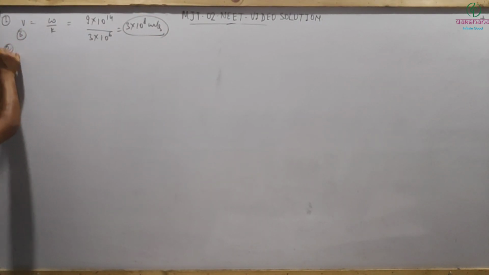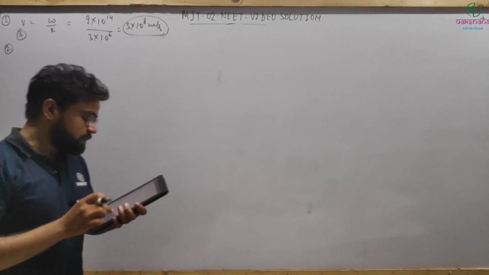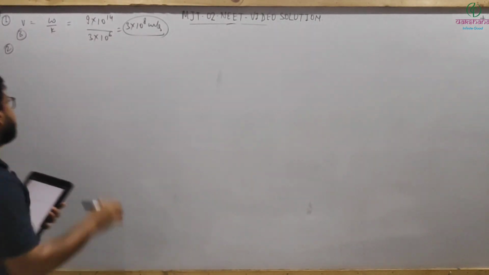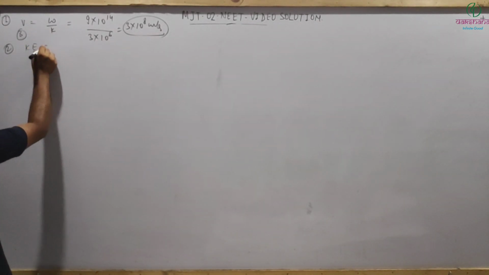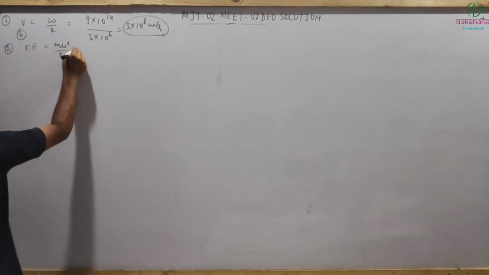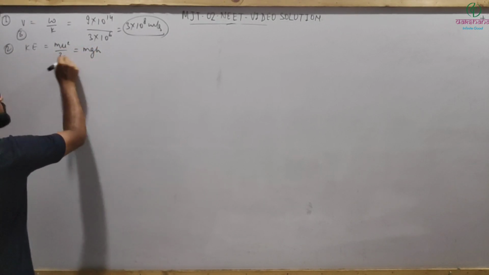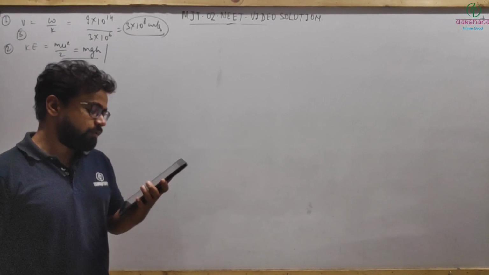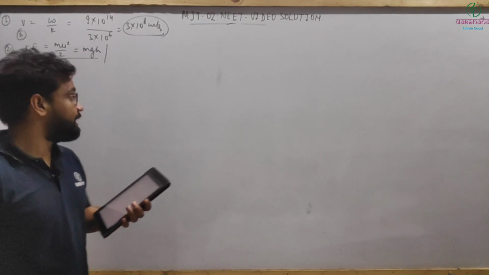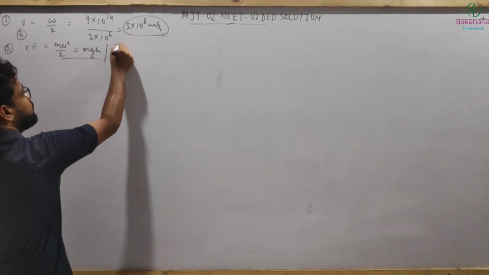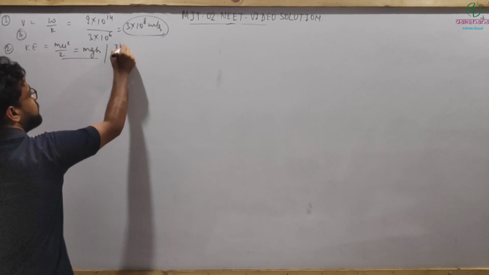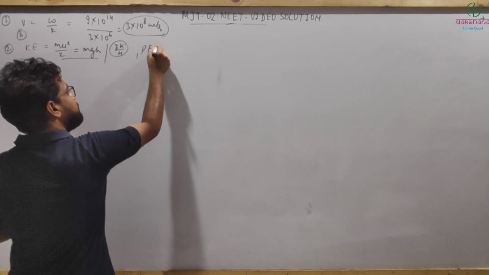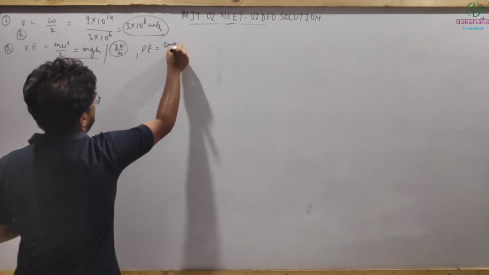Question number 2. A stone projected vertically up with speed u reaches a maximum height h, which means the total kinetic energy, mu square by 2, is equal to mgh. Then it asks, when the stone is at a height of 3h by 4 from the ground, the ratio of kinetic energy to potential energy. At a height of 3h by 4, the potential energy will be 3 mgh by 4.